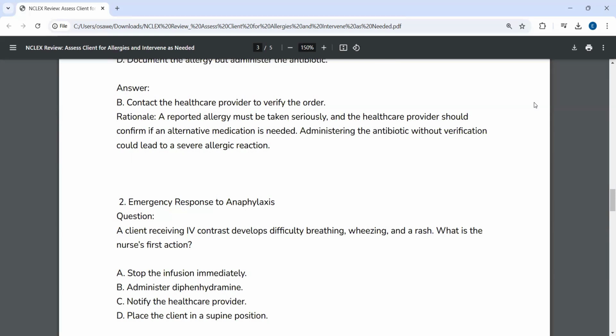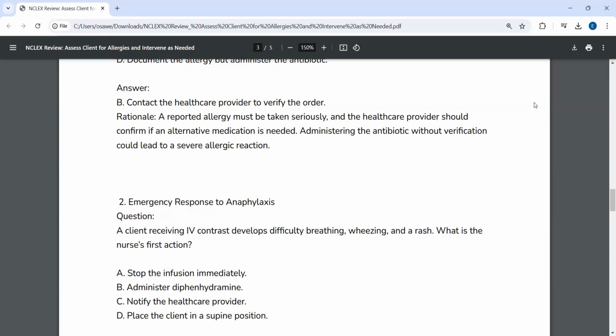What's our first action? First action means you want to do something now in the hope that it is going to help the patient right now before anything else. So what do we do? Are we going to stop the contrast, administer antihistamine medication, notify the healthcare provider, or place the client in a supine position?